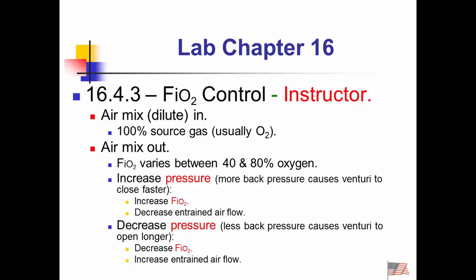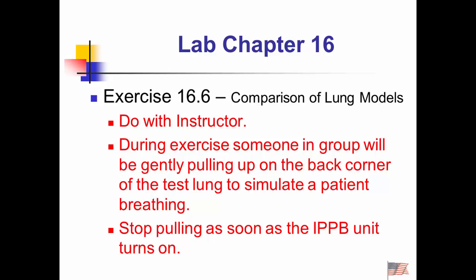You either push it in to get 100% or pull it out to get something less than 100%. We'll talk more about that when we're playing with it, but it also alters the amount of back pressure and the FiO2 that is there. So we'll actually talk about that later.